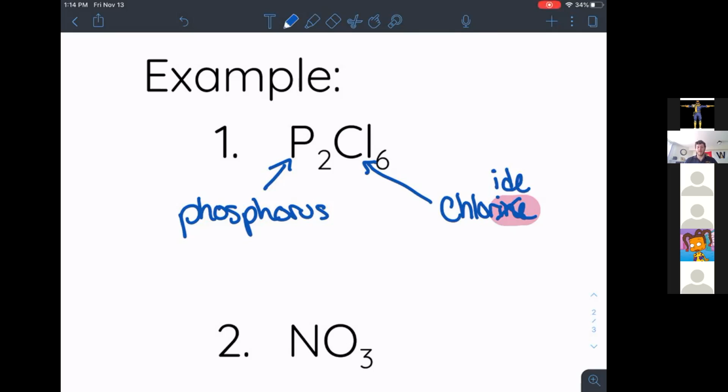All right. So now the prefix time. Do I have more than one phosphorus? Yeah. So do I add a prefix? Yeah. It is di for 2. Perfect. What about chlorine? What's my prefix for chlorine going to be?